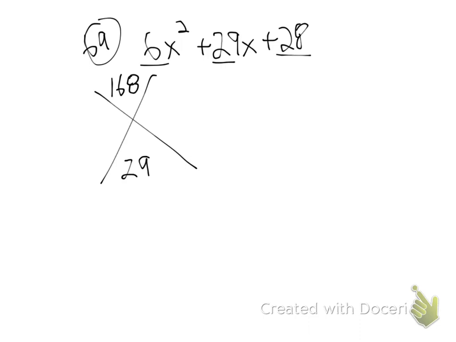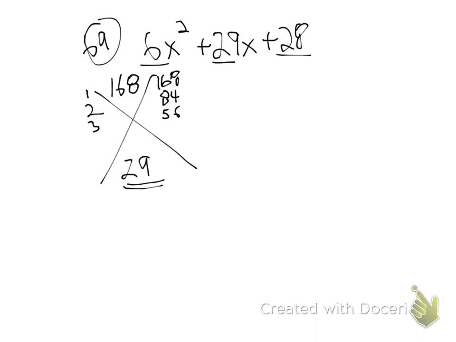We just start listing them off. This is absolutely what I would do if I was doing this problem. 1 times 168, no. 2 times 84, no. 3 does go into it. 3 and 56, but that doesn't add up to 29.